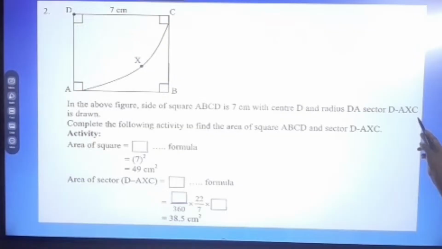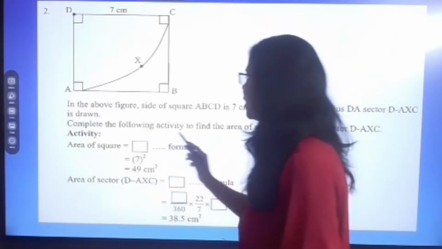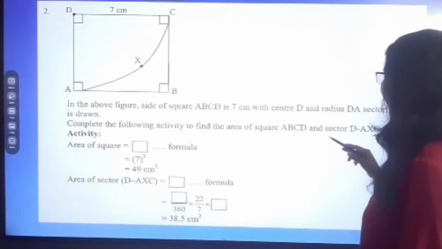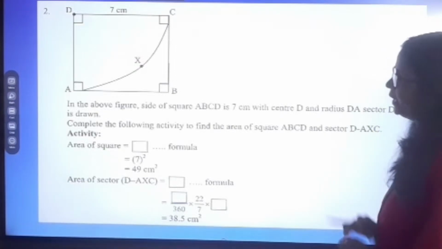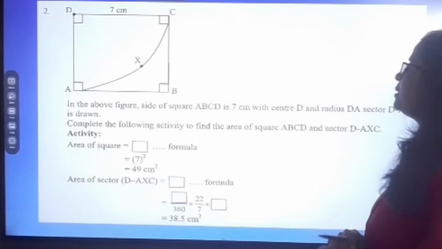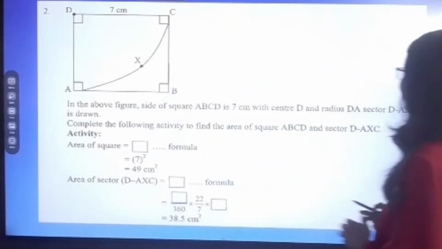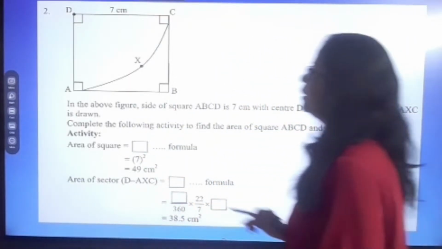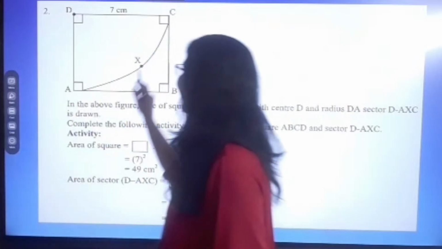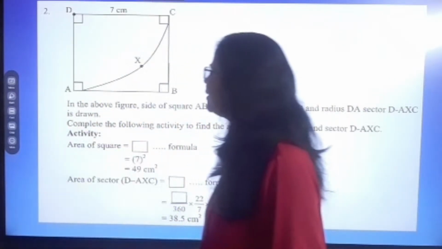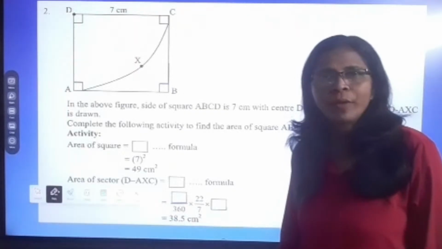Complete the following activity to find the area of square ABCD and sector DAXC. Yes students, see here, this is the whole square, and there is a sector, and the name of the sector is DAXC. This is the sector drawn in the square.